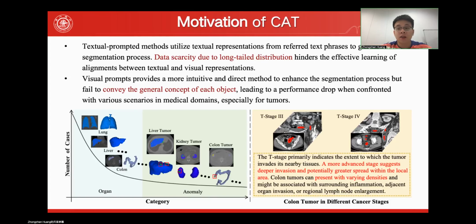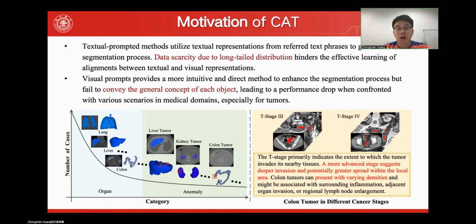As we know, previous segmentation work can be divided into two types. One is the textual prompted method. It utilizes textual representations to guide the segmentation process, and it requires the alignment between textual and visual representations.